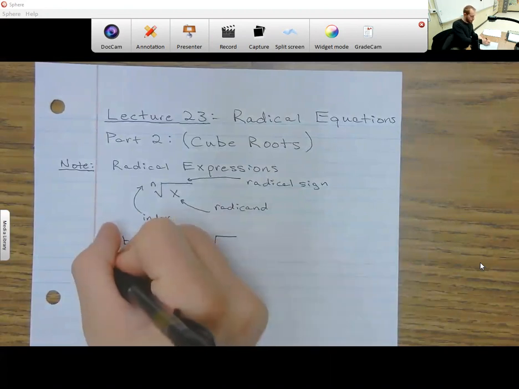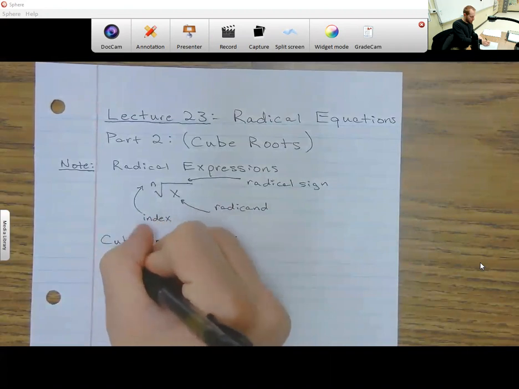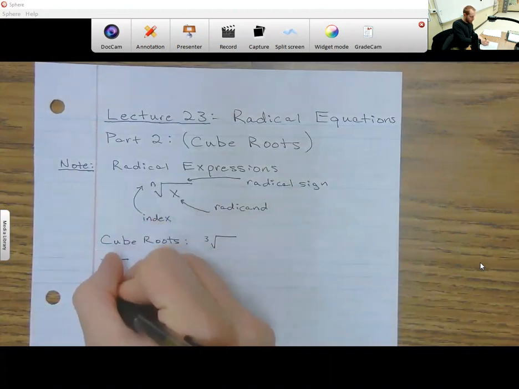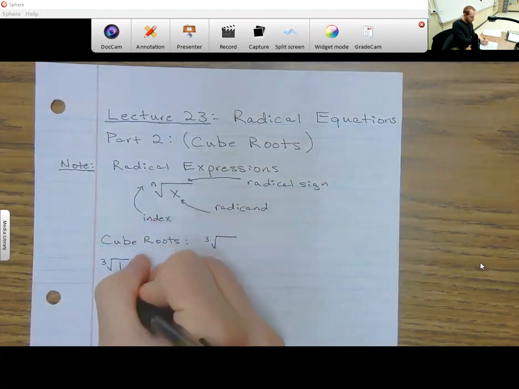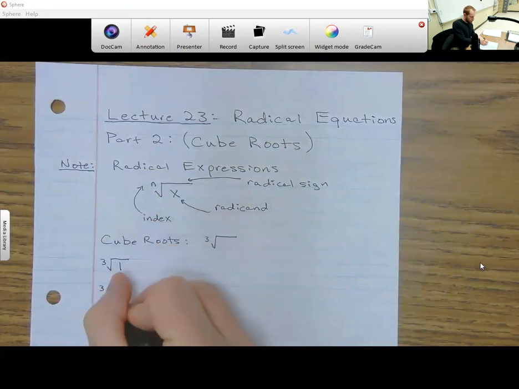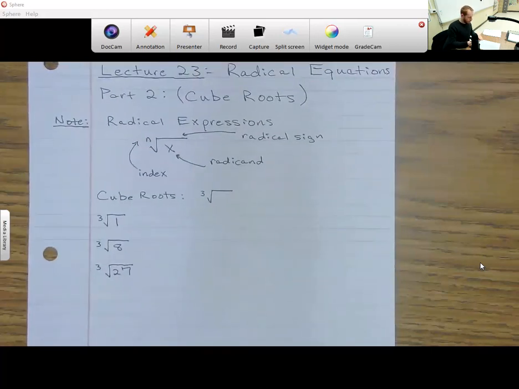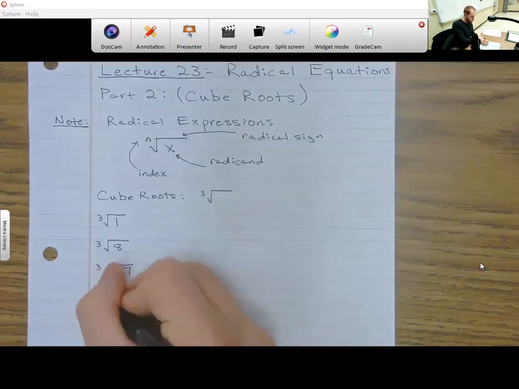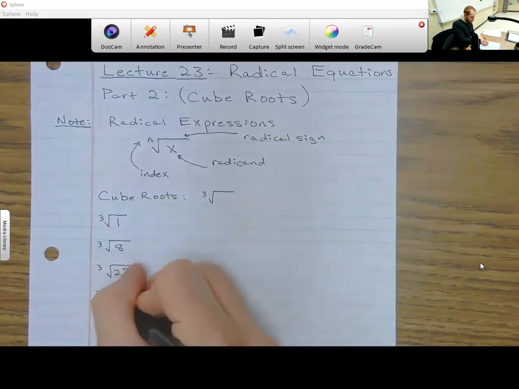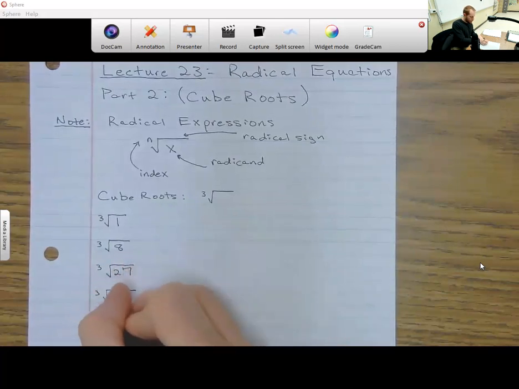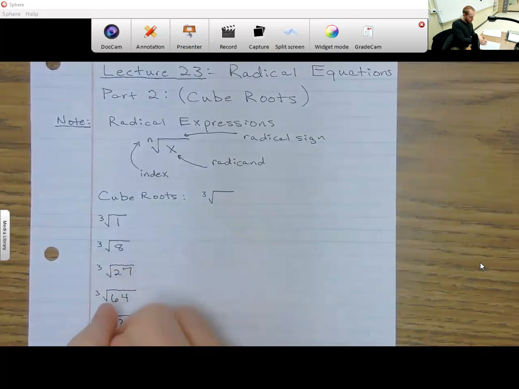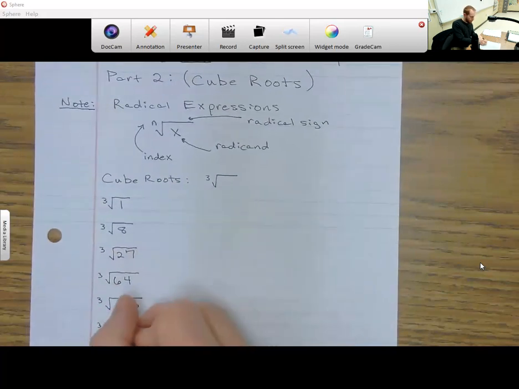There's the cube root of 1, the cube root of 8, the cube root of 27, and how about we just go down the list. You also have cube root of 64, 125, 216, and we'll stop at 216. How about that?